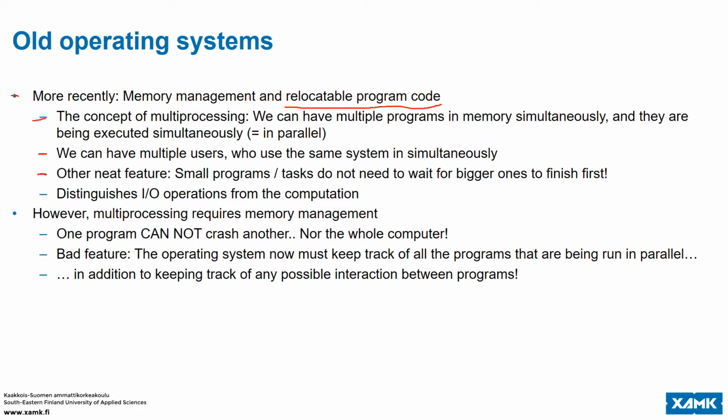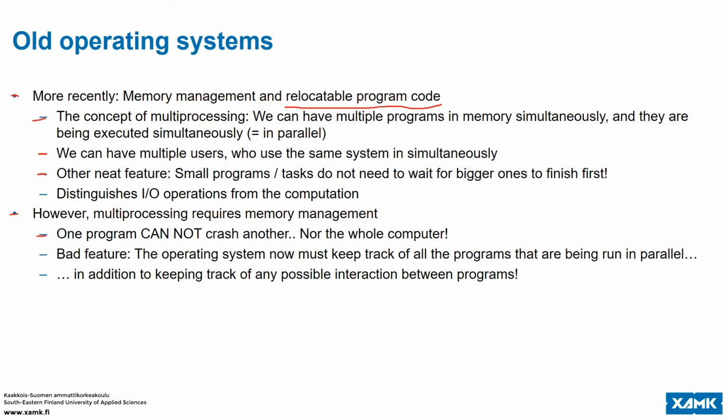These ideas on their own are pretty great, but it does come with complexity. Namely, this multiprocessing and memory management and relocating program code means we need memory management. Or rather, we need to control how individual programs access the hardware resources, because one program is not allowed to crash another or the whole computer.